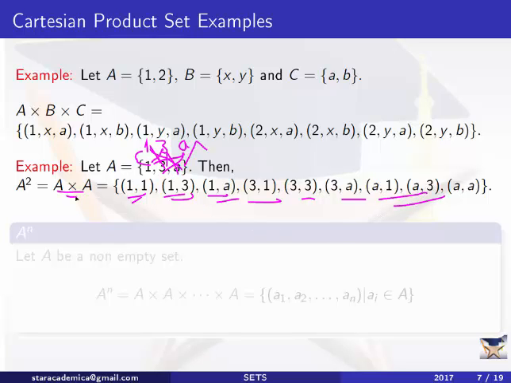Here we have all of them, because A has 3 elements. This has again 3 elements. Altogether, the new set, A squared, has 9 elements. They are all listed here.